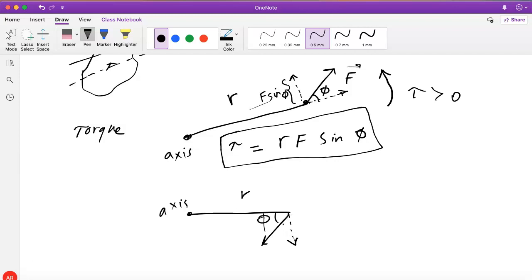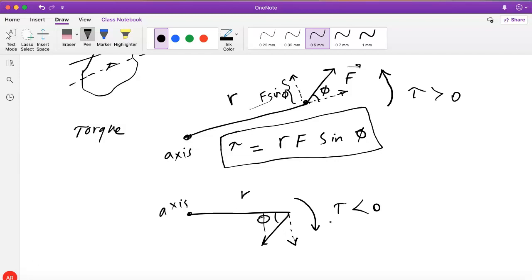We can find the component that's perpendicular, so it's going to be again like F sine phi, but tau here, because it wants to rotate the object in the clockwise rotation, is negative. So that's our convention.